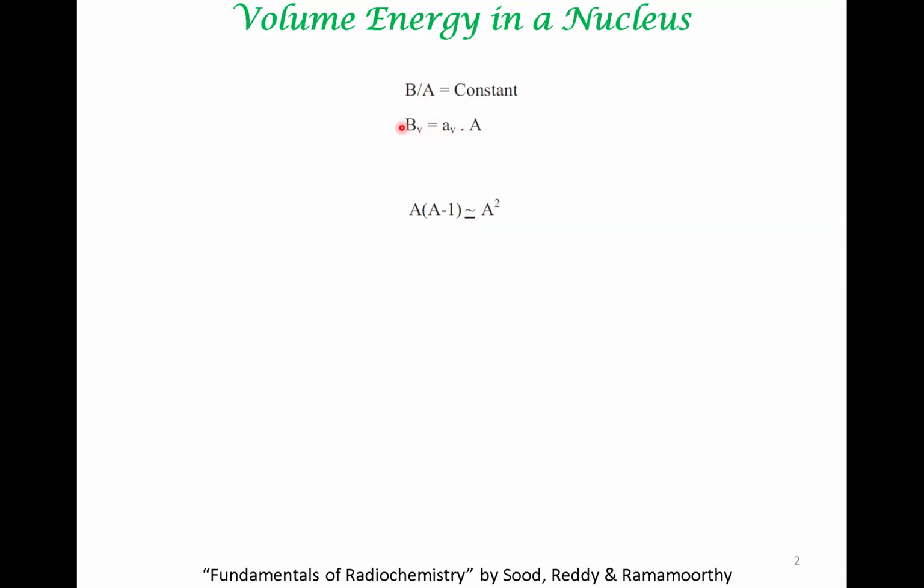This suggests that B sub V scales linearly with A. So this kind of interaction, that is each nucleon interacting with all the rest of the nucleons, is not correct. So a better way of thinking about strong nuclear interaction is that each nucleon interacts only with the adjacent nucleons. So in this manner, let's say the coordination number remains more or less constant.